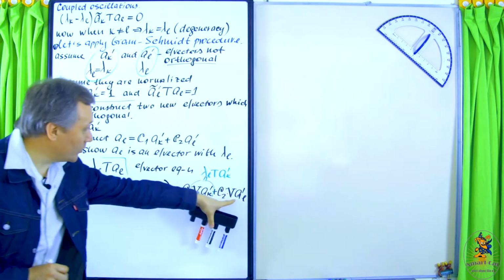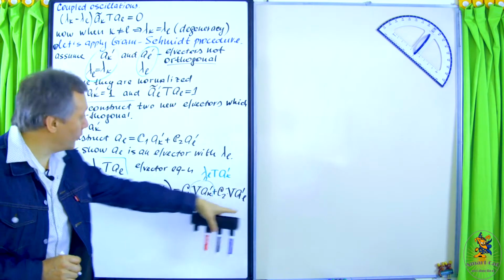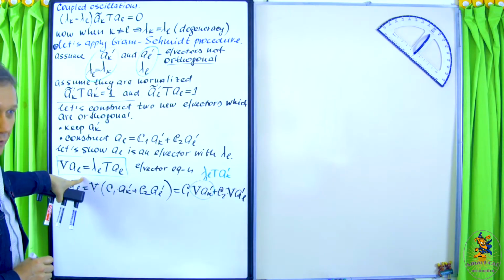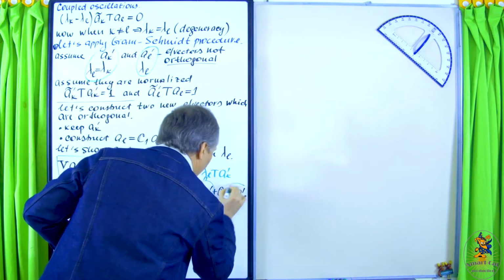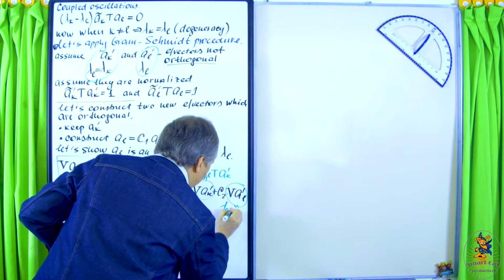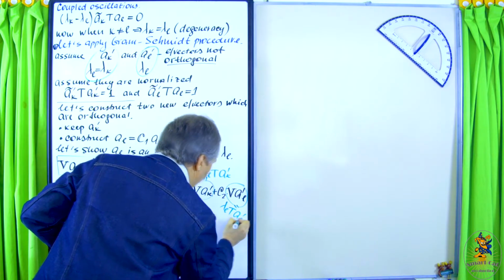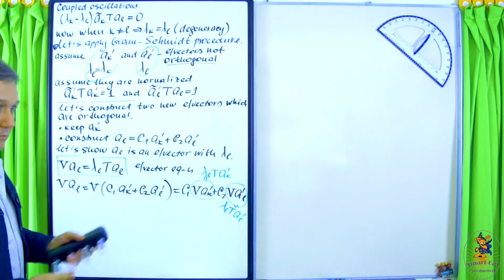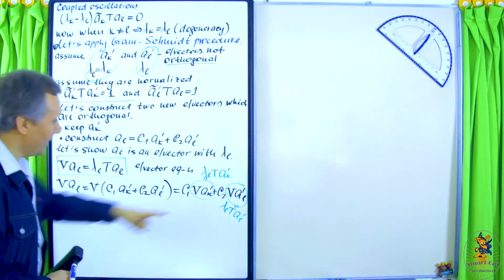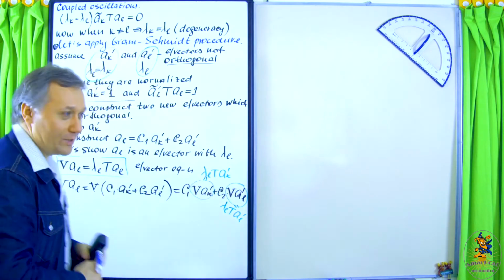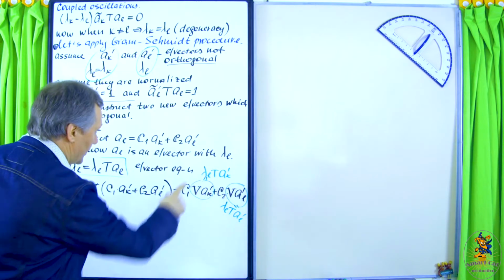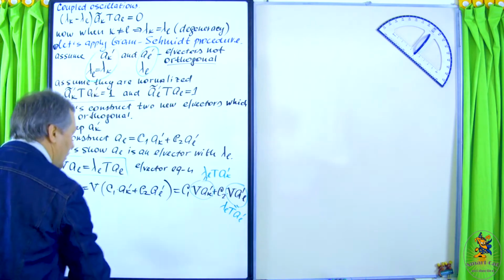And a_l prime also is an eigenvector with this eigenvalue, so it must satisfy this eigenvector equation. So this is equal to lambda L T a_l prime. Okay, so now we have a bunch of constants. We can take them outside, and T is the same for both of these terms. Of course, we can take them all out, the same eigenvalue, because we have degeneracy.